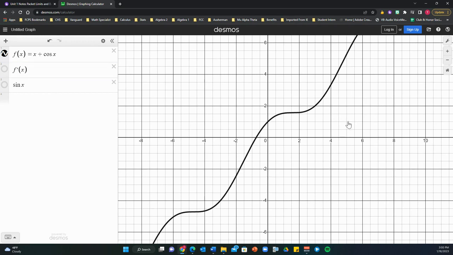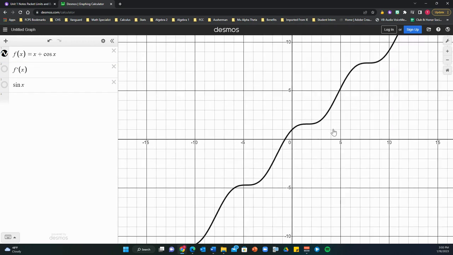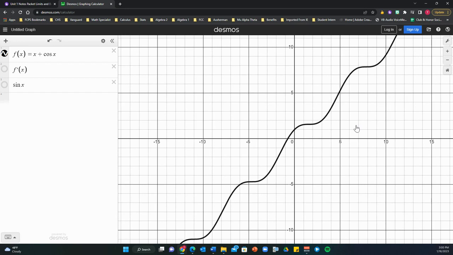So if you look at this graph, this is a funky looking graph. Anytime you mix polynomials and trig, you end up with weird graphs. They do some strange things. You can see it still has a kind of a wave feature to it, but it also has features that y equals x has, where it's a function whose limit as x goes to infinity is going to infinity because this guy is going to keep getting bigger and bigger, but we're kind of waving along the way because as we're going, we're going to dip a little bit and then go up, dip a little bit, go up, and so on.